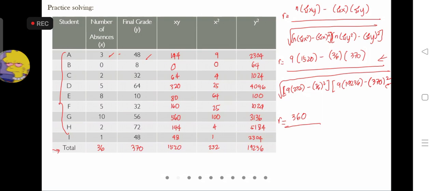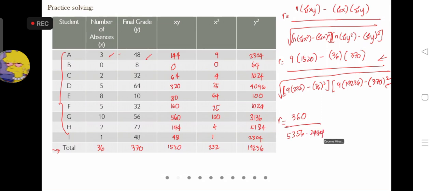Sige, pila man. Anyone has the answer? 356. Pila? 5,356. 0.2494.